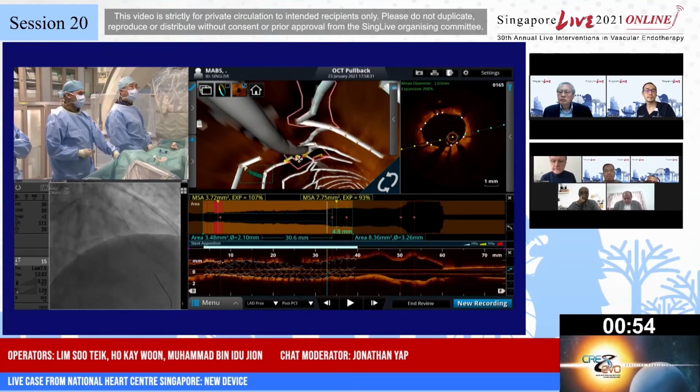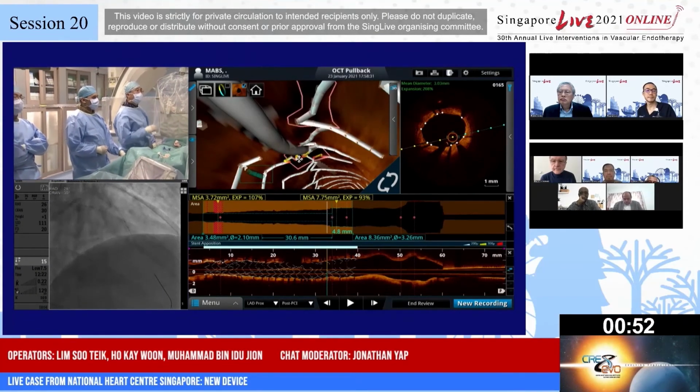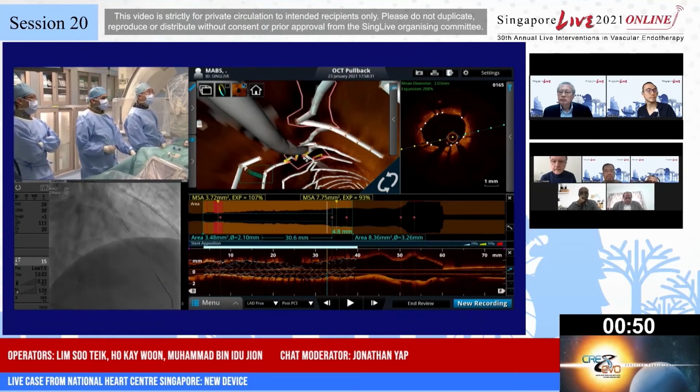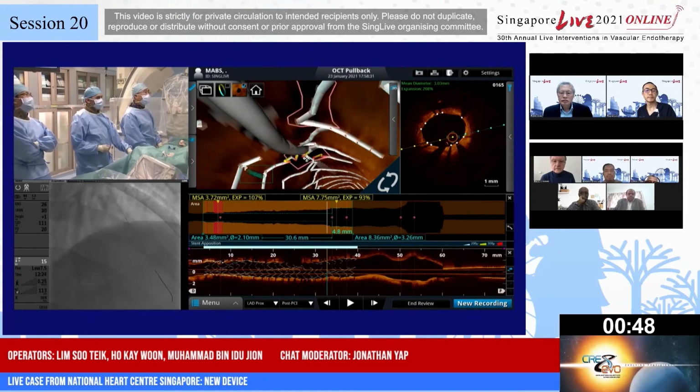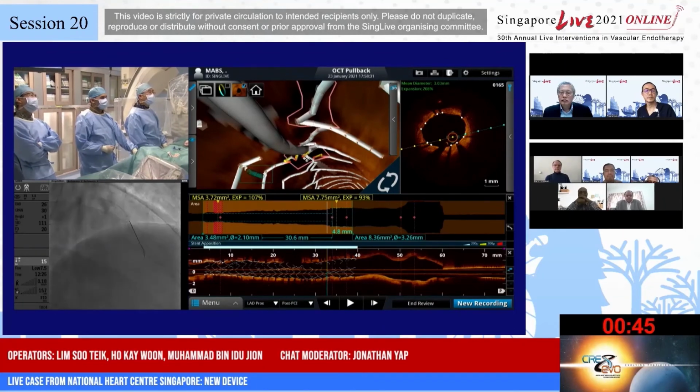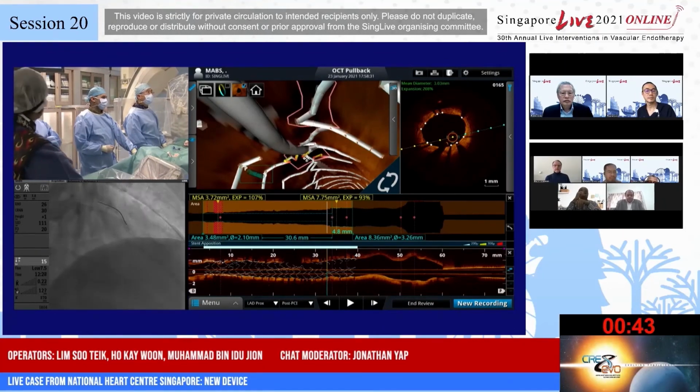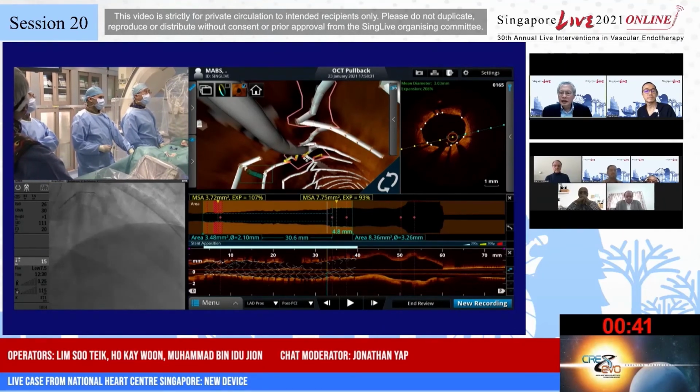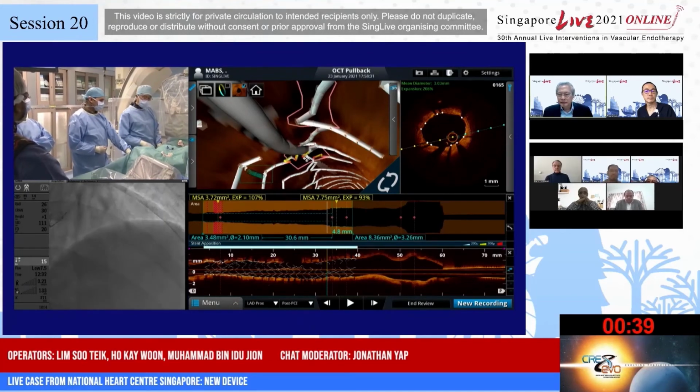It also allows some pulsatility and improvement in the vessel physiology.